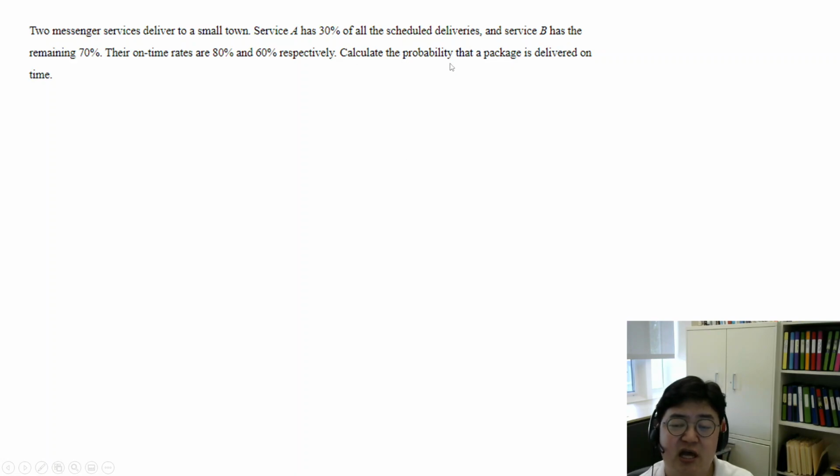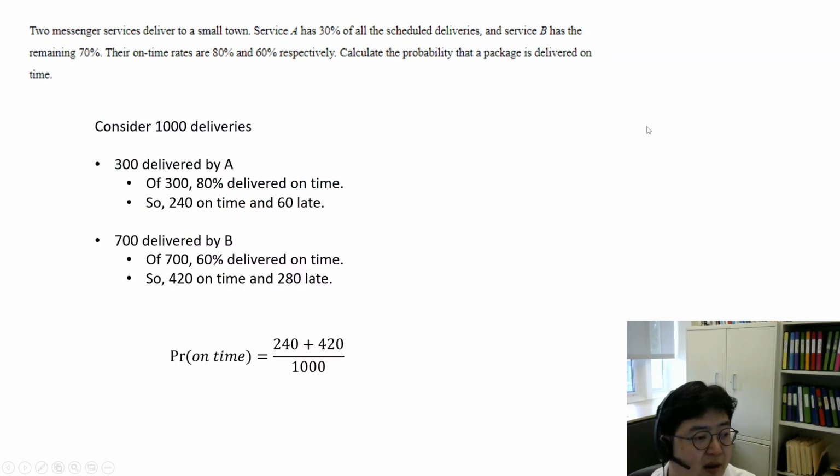Calculate the probability that a package is delivered on time. I will do the same thing. 1,000 deliveries. Think about 1,000. And I know the portion of each delivery company's services. Service A delivers 300 packages, and Service B delivers 700 packages.